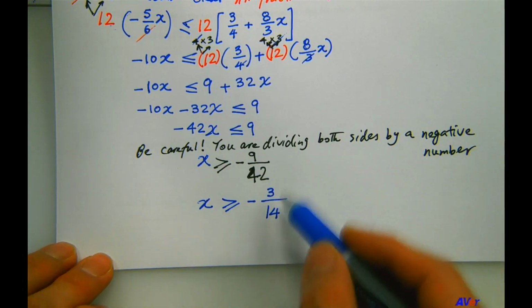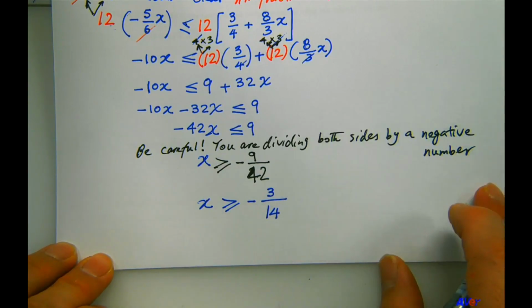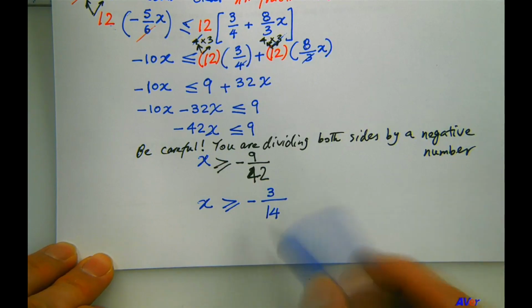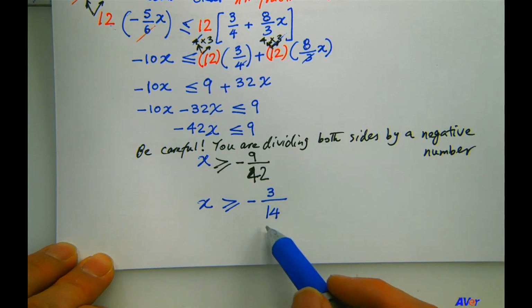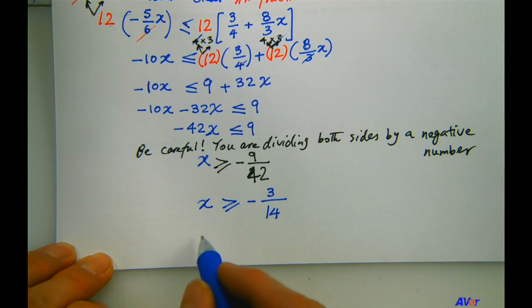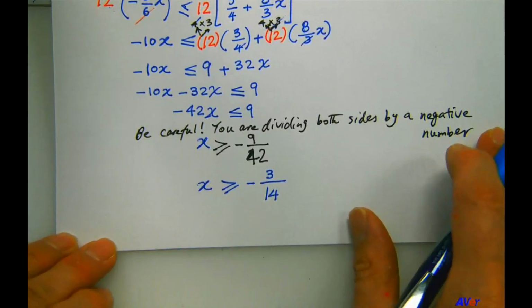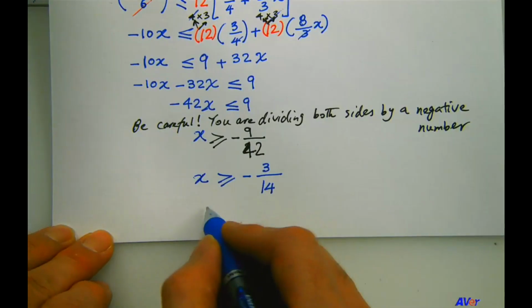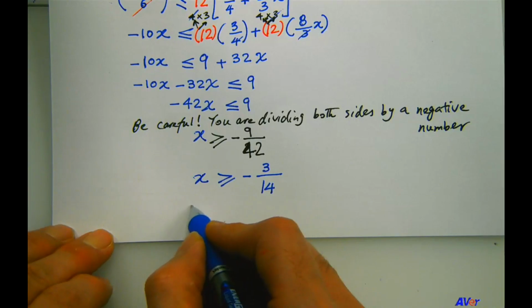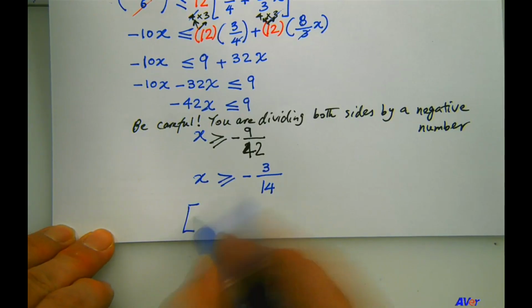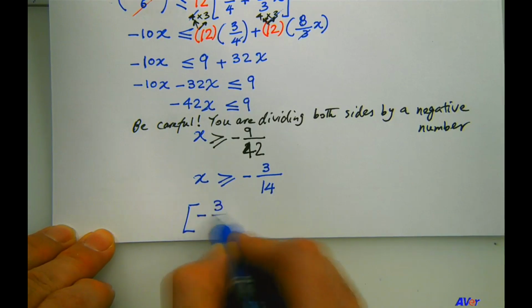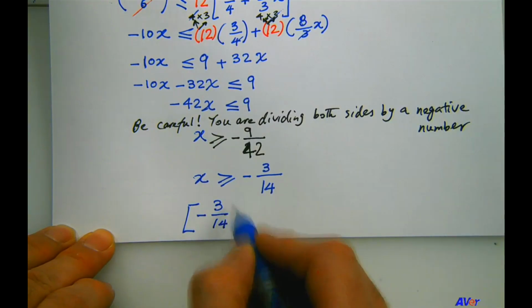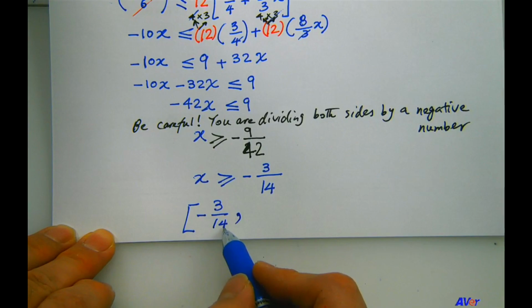So we've solved the inequality here, but we need to put the answer using interval notation. So we write down a bracket, which indicates that negative 3 over 14 itself is part of the solution.